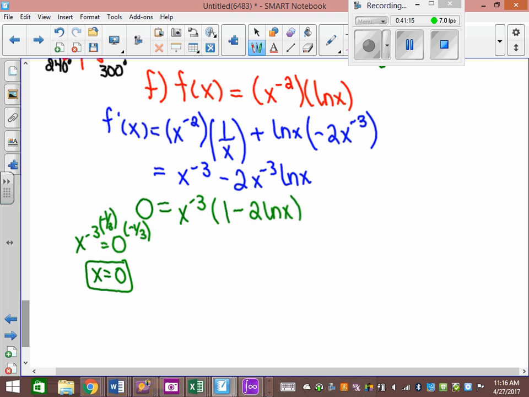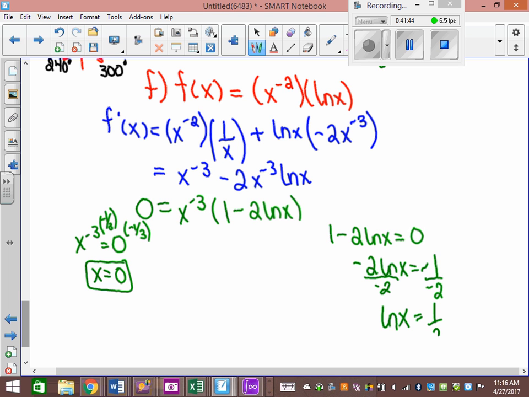It's going to get your critical number either way. The 1/3 would still be 0. Okay. Then we have 1 minus 2 ln x equals 0. Then we get negative 2 ln x equals negative 1. Then we divide by negative 2. And we get ln x equals a half.